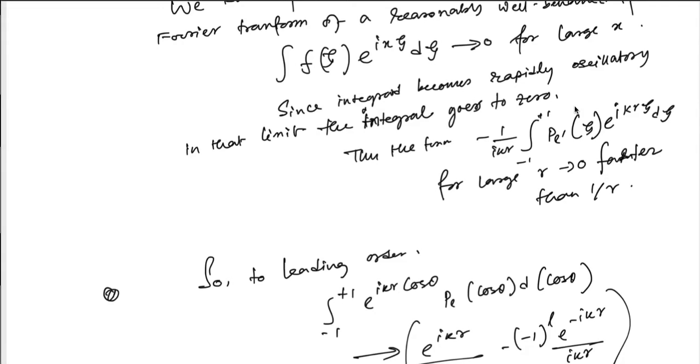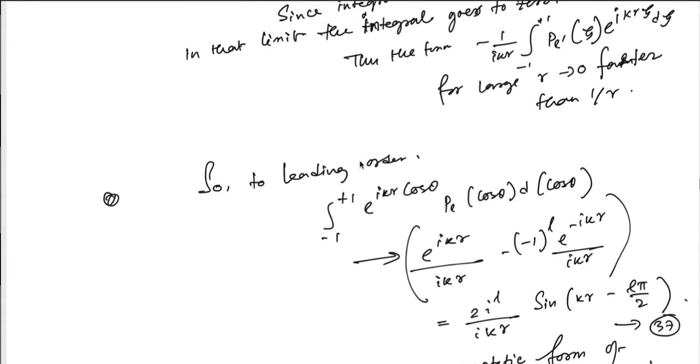This can also be seen physically, because at large x this part becomes rapidly oscillatory, like plus minus plus minus. When you sum it over a region, the terms cancel each other and the integral goes to 0. So this part vanishes, going to 0 faster than 1 by r.